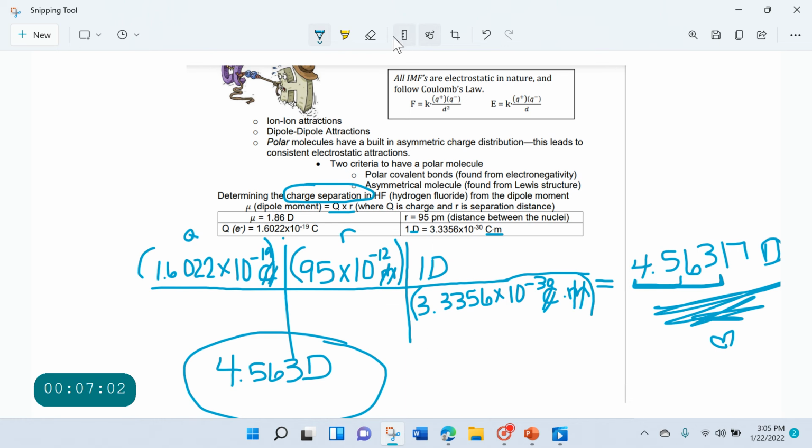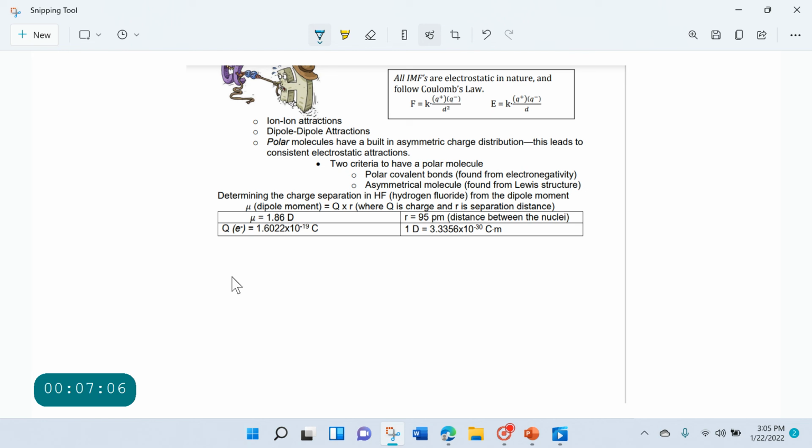I'm going to erase all the ink here. 4.563 Debyes is your whole amount, right? That's your whole amount. What we want is the part by the whole. The part would be what 1 is equal to.